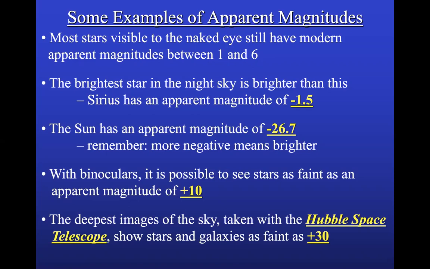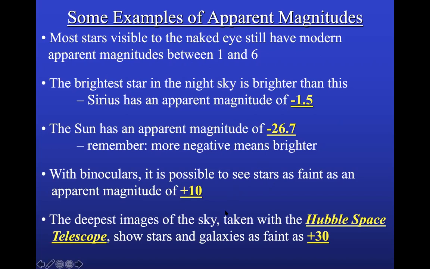Now, the Sun has an unusual apparent magnitude of minus 26.7. Remember that more negative values mean it is even brighter, so the Sun is probably the brightest one.